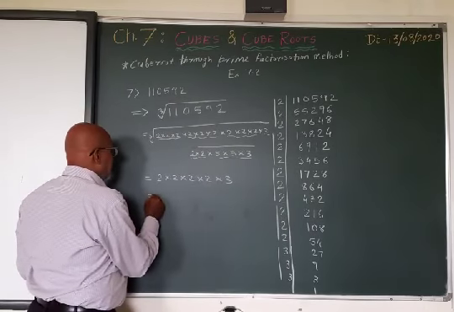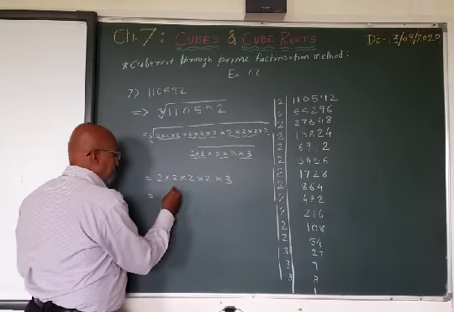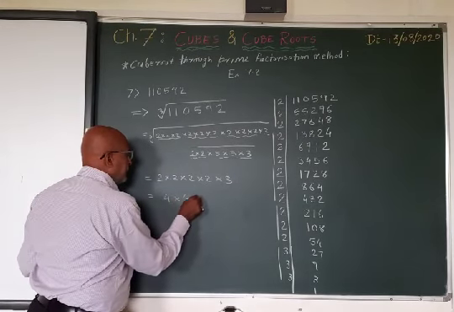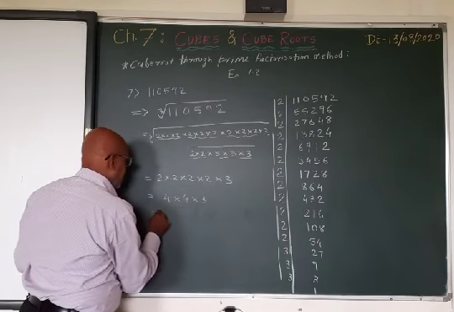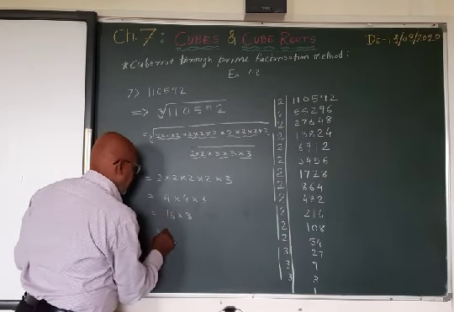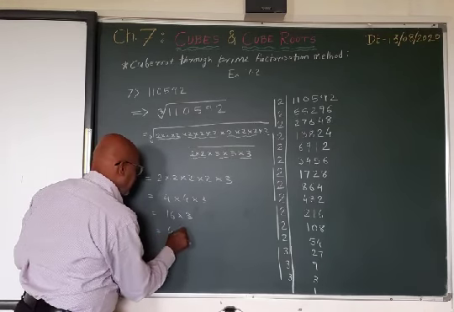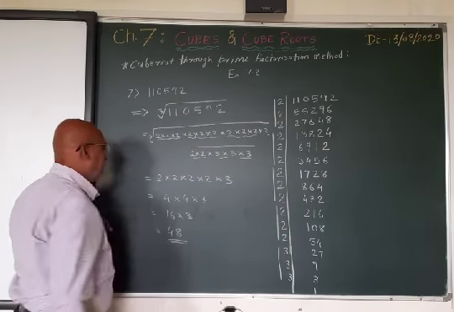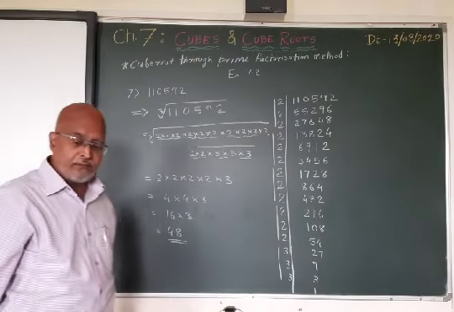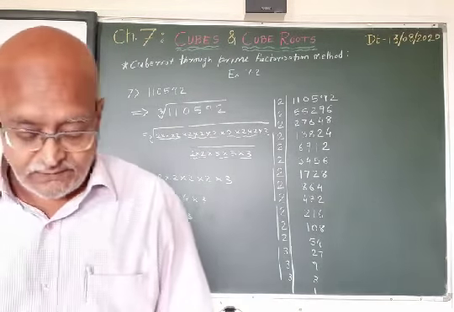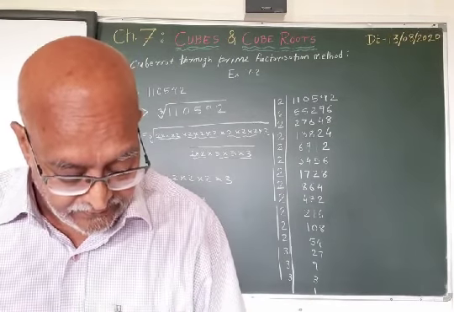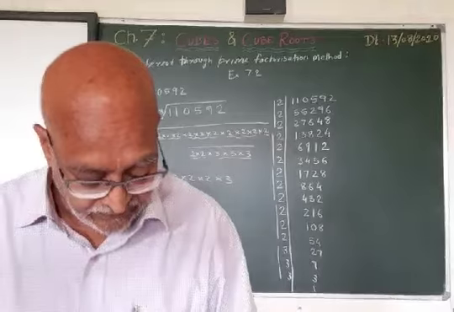So what do we get? 2 twos are 4, 2 twos are 4 into 3, 16 into 3 equal to 48. So 48 is the cube root of this number. This is the way we can find the cube root by the factorization method.